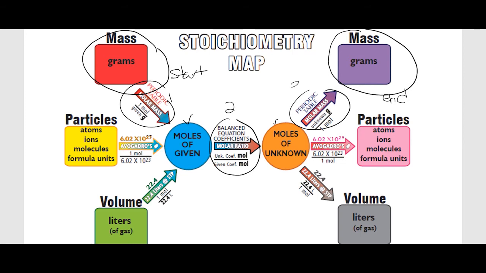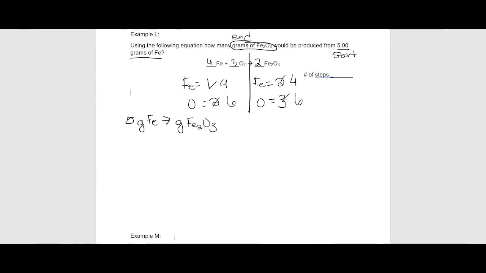So that's 3 conversion factors that I'm going to need. So it's 3 steps. Again, my path is grams of iron into moles of iron, from moles of iron into moles of iron 3 oxide, and then from moles of iron 3 oxide into grams of iron 3 oxide.